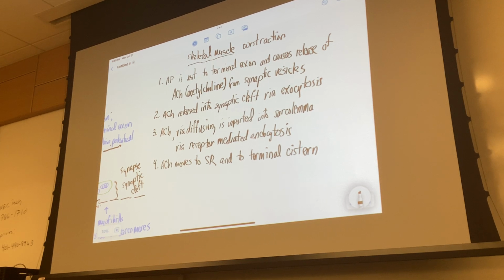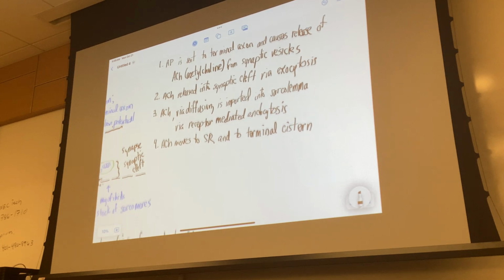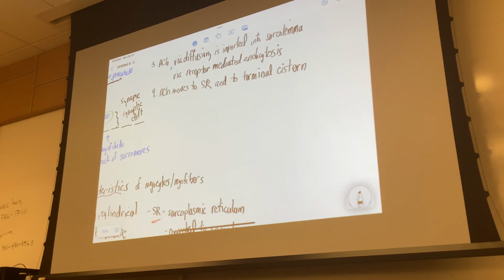Now we're no longer talking about ACH moving; we're talking about what ACH does when it moves to the terminal cistern.